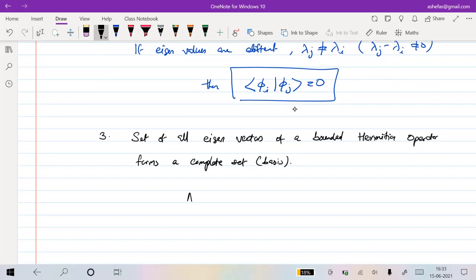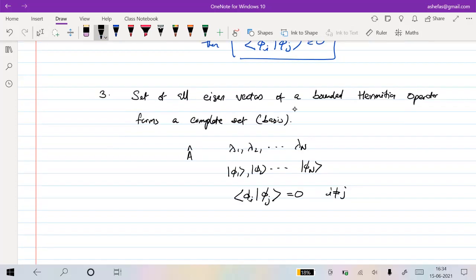Okay, again I'll explain. So consider a Hermitian operator A. Then if its eigenvalues are lambda 1, lambda 2, etc. up to lambda n, with corresponding eigenvectors phi 1, phi 2, etc. up to phi n. Recall this phi I, phi j would be equal to 0 when I not equal to j. So that means all eigenvectors of the Hermitian operator A are orthogonal to each other.